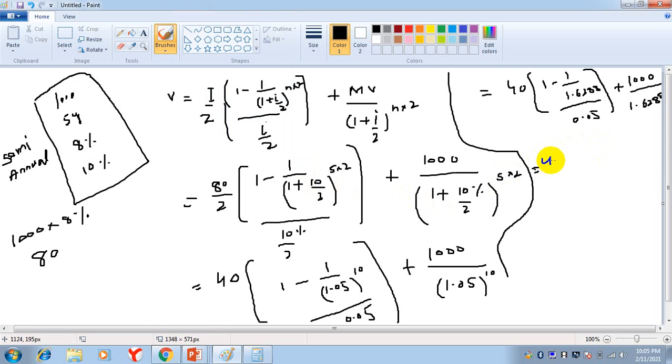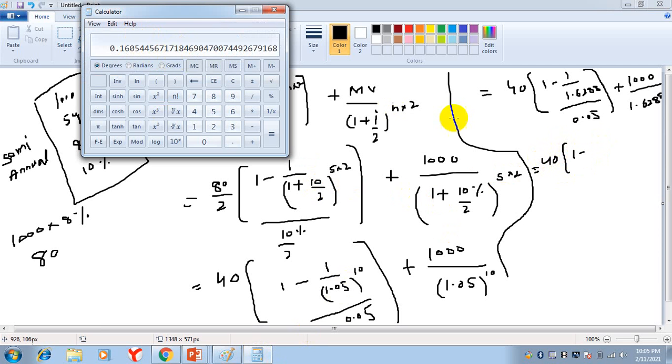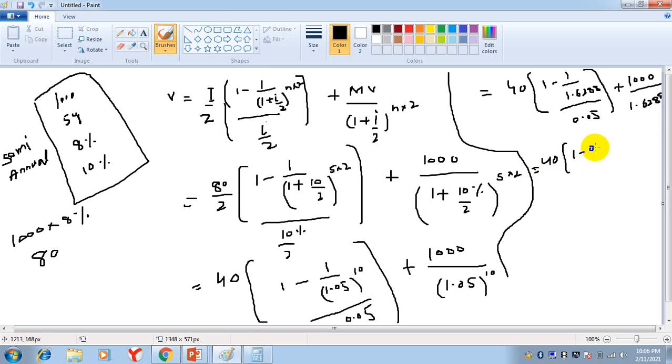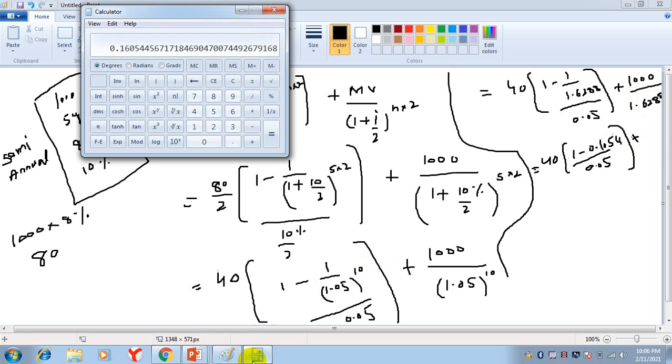So 40 multiplied by 1 minus 0.1054, divided by 0.05, plus 1000 divided by 1.6288.